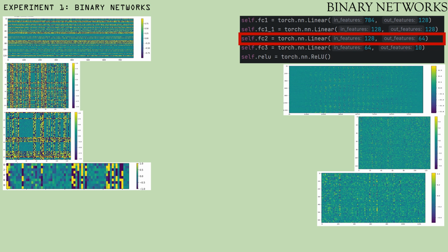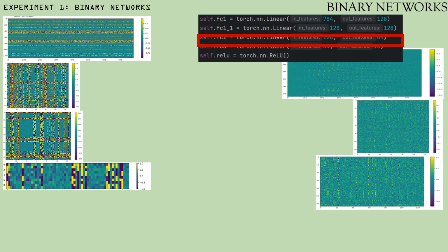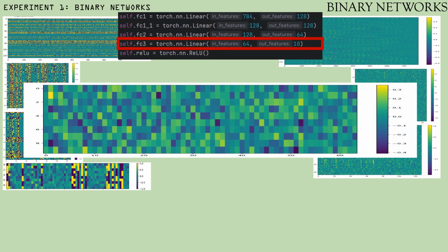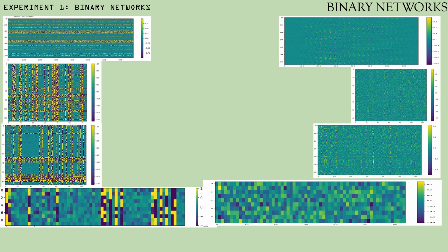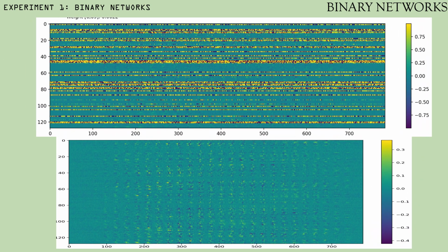And this is the last layer. Very different also. I mean, the last layer isn't that different, but the rest of the layers are pretty different. Now this is the weights lined up side by side.